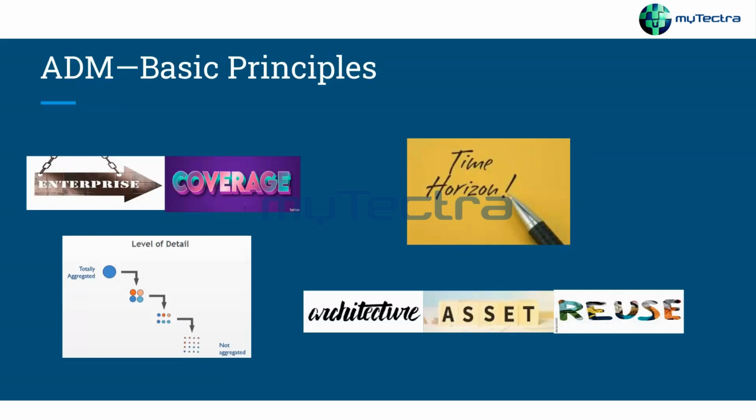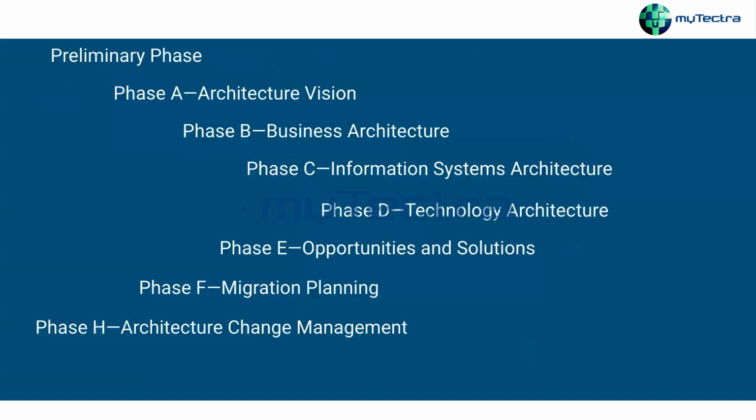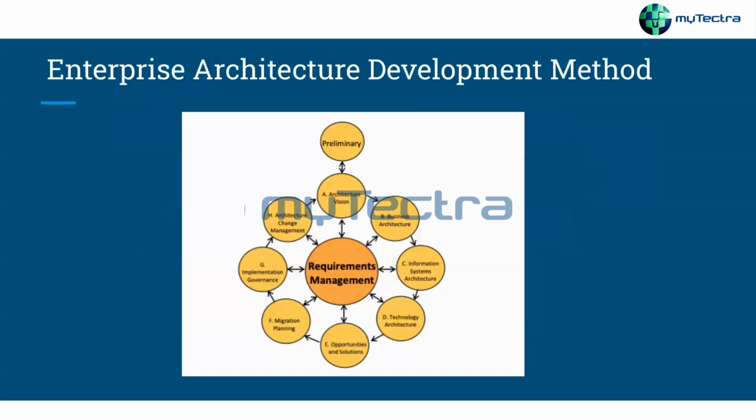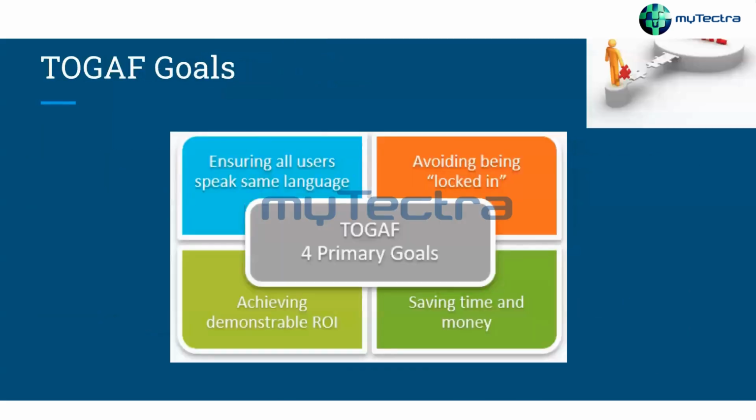The other phases are linked to this requirements phase, so each phase is validated against the current requirements for the business. After every phase, you validate with the requirements of the business, to check whether it is in alignment.